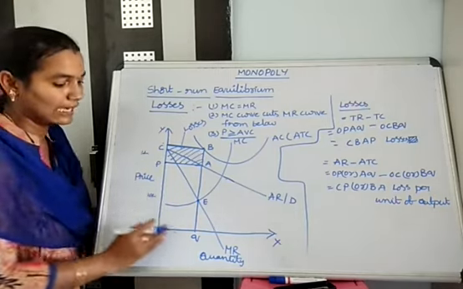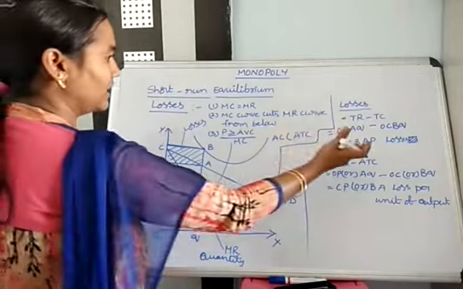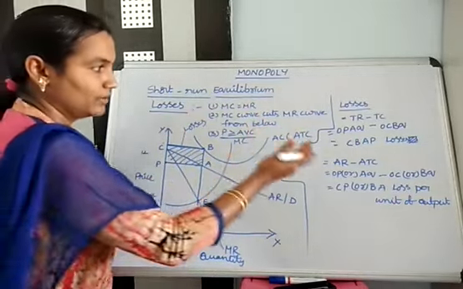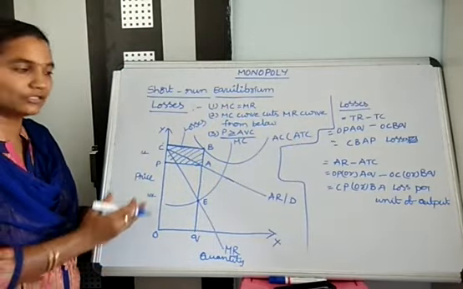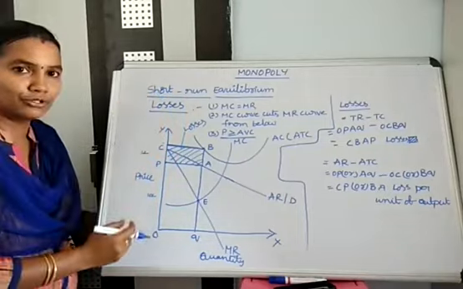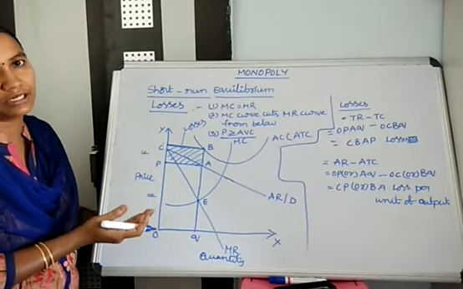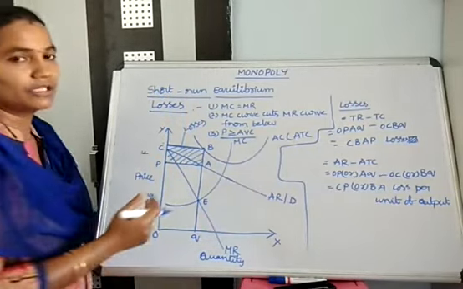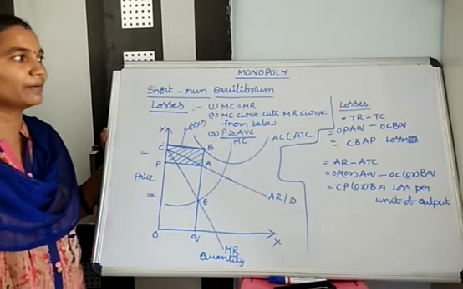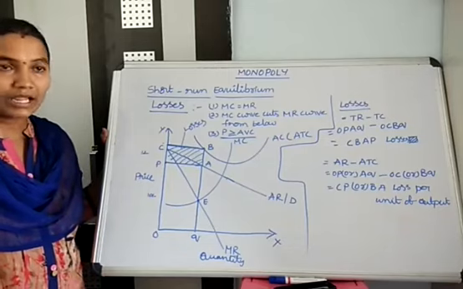We can analyze all these. Then we find whether the firm will be getting loss or profit. If they are getting loss, we find what percentage of loss they are getting. Through seeing this diagram we have explained using formulas, either total revenue minus total cost, or average revenue minus average total cost. This is the short run equilibrium of the firm.